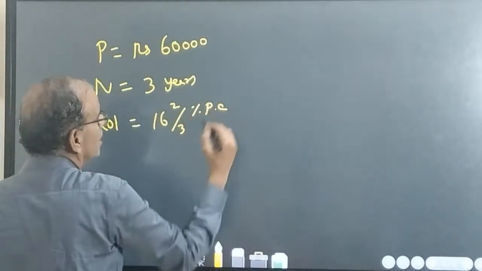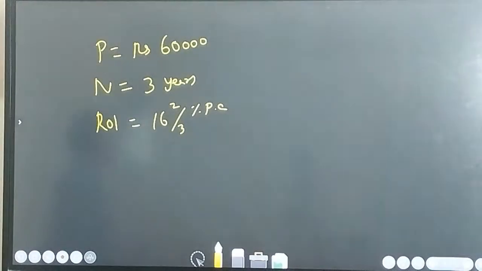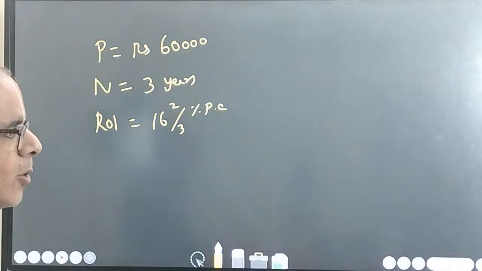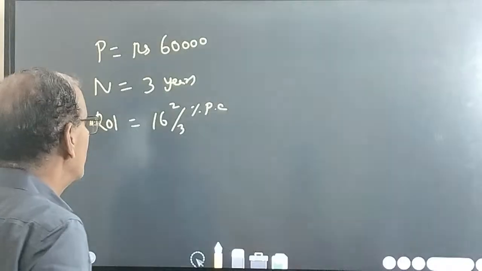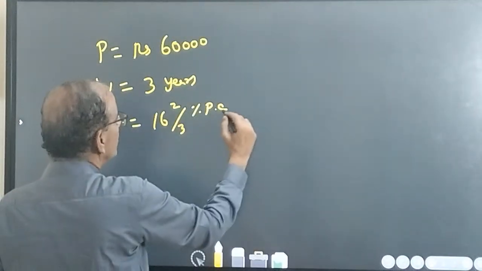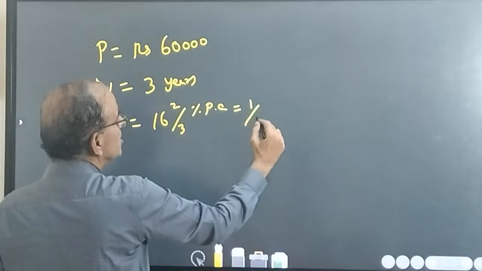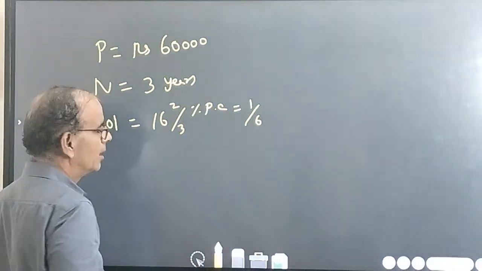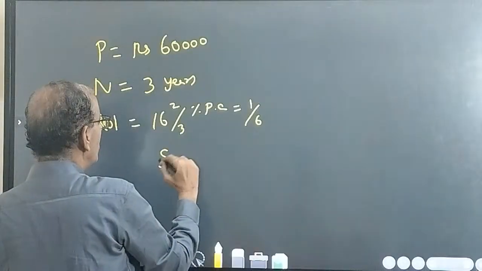If you apply 16 2/3 divided by 100, numerator, denominator, mixture, everything will come. Apply PNR by 100. I told you this is equal to how much? 1/6. We already noted.